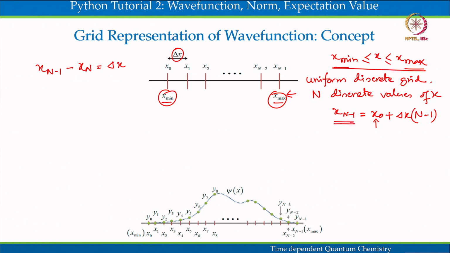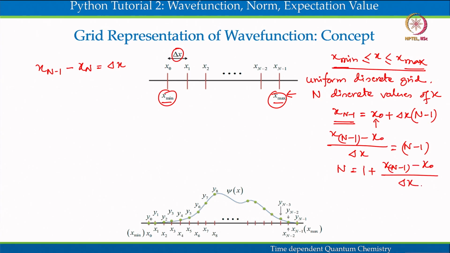If we rearrange it, I can write xn minus 1 minus x0, divided by delta x, equals n minus 1, or n equals 1 plus xn minus 1 minus x0 divided by delta x.